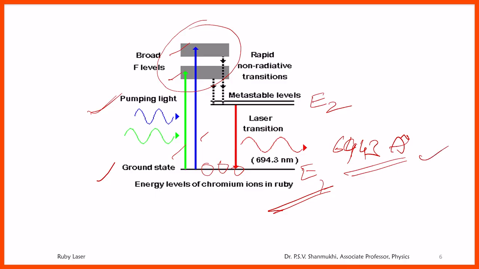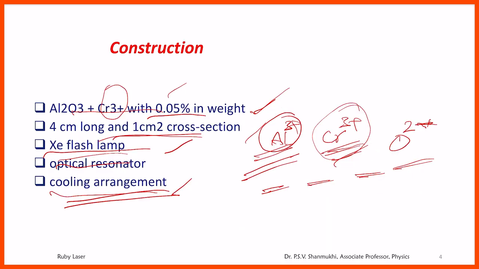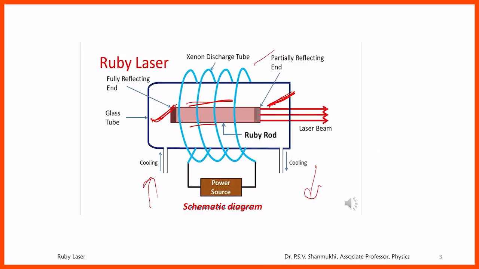So in this way, we get monochromatic and continuous red color laser light between the E1 and E2 states. Once again, observing this, this is the schematic representation of the ruby laser. Basically, ruby is taken in the form of a solid material.